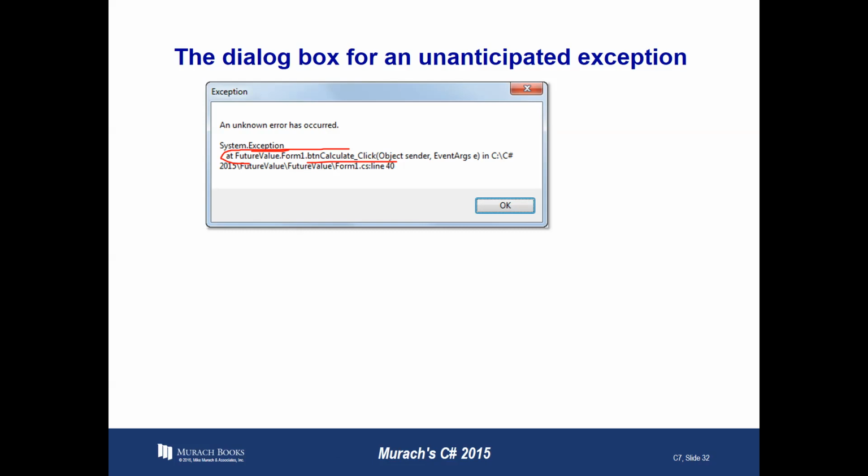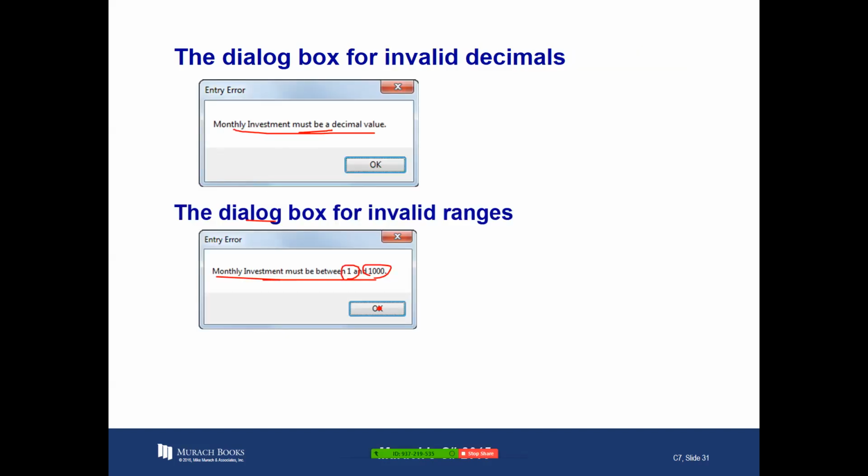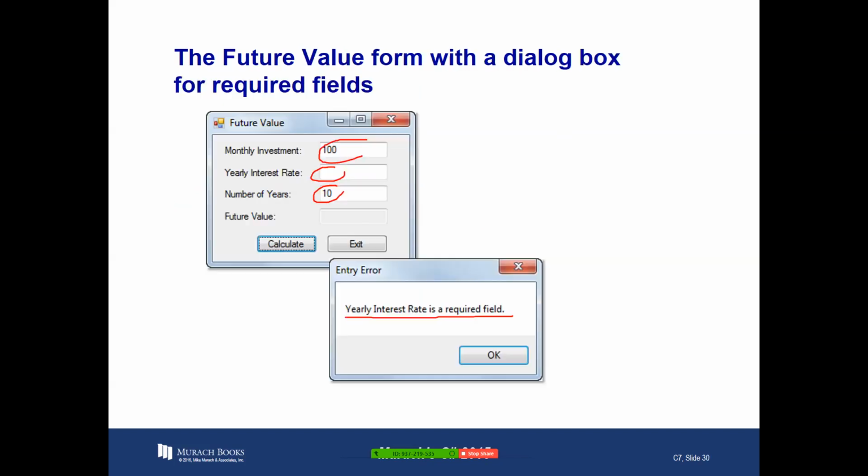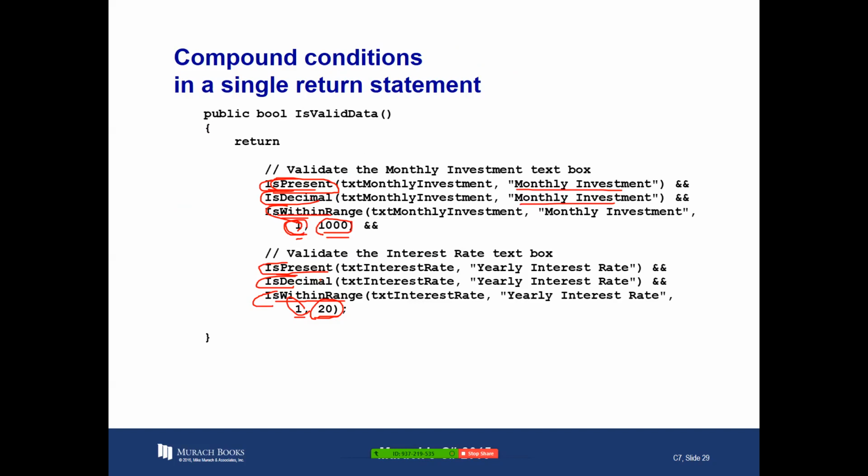Your data validation can't check for unknown errors. It's also kind of difficult for your data validation to check for these arithmetic exceptions. I mean, how do you write, well, I guess range can be, if you're testing to make sure numbers don't get too big, if you're testing to see that you don't have an overflow error, that's what the is within range tests are.